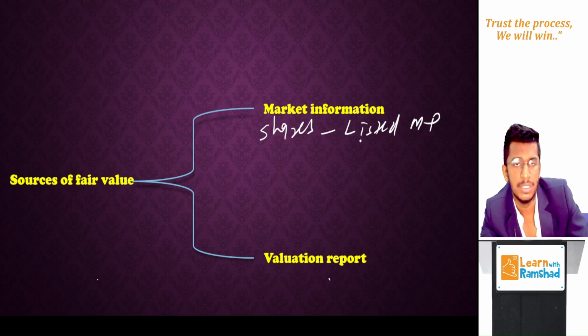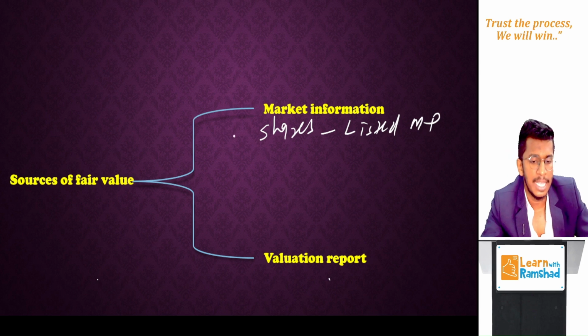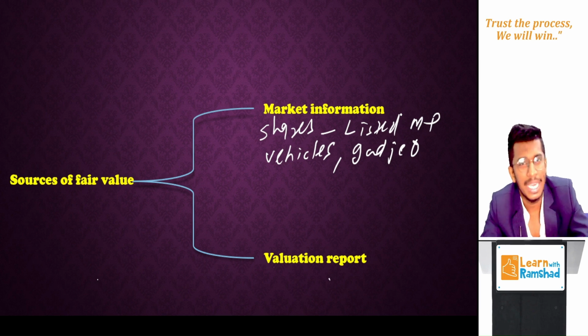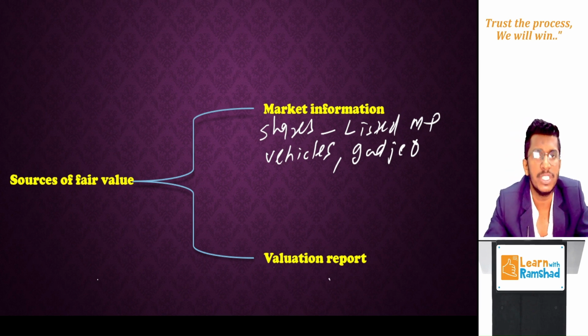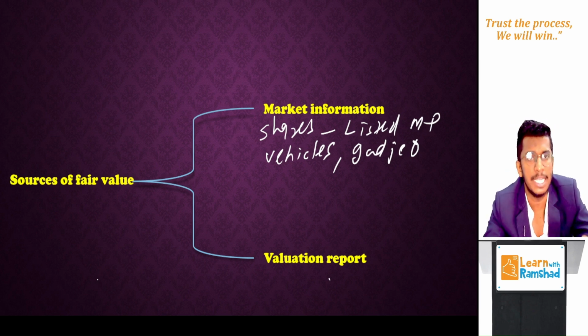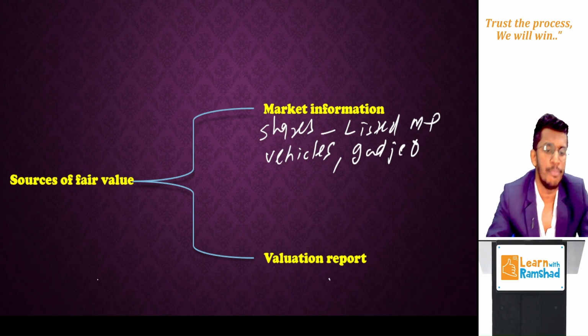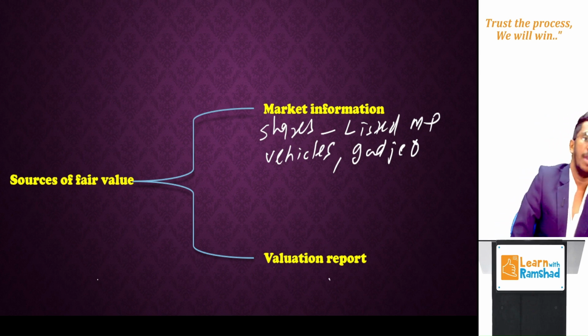The closing price of that concerned date. And just like that, if you want the fair value of vehicles or gadgets, ready, you can take a platform price like a price from OLX or some other platform which gives a reasonable market price as on the prevailing date. Ready? So you can take this kind of market information as a fair value.